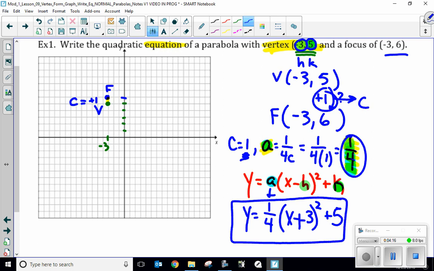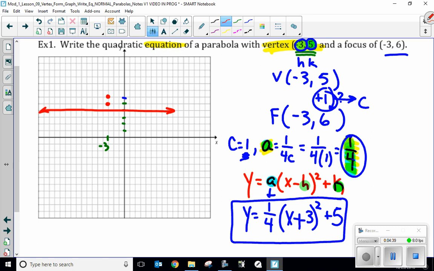This visual, you don't really need to graph it, so I'm not going to graph it for you. If I had to graph it, I know my vertex is at -3, 5. My focus is up 1. That means my directrix is down 1 from the vertex, isn't it?